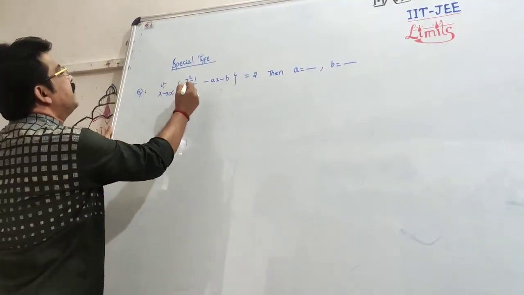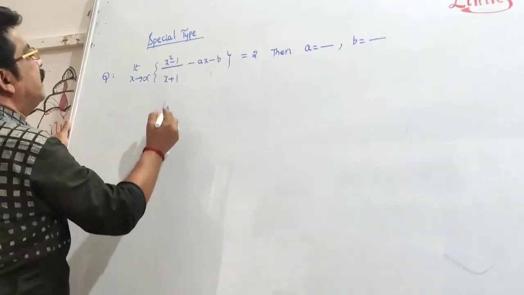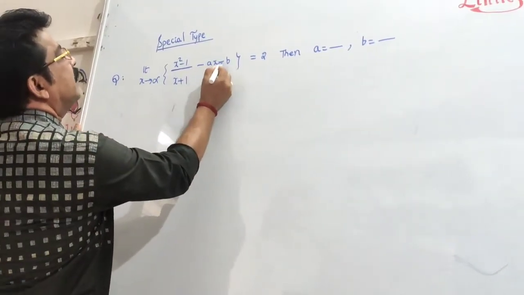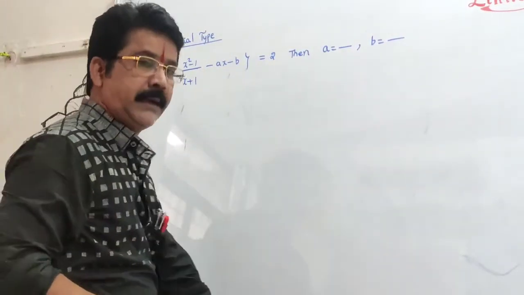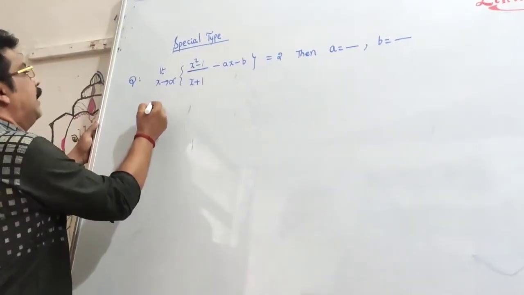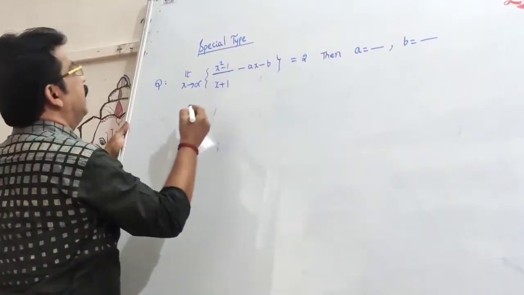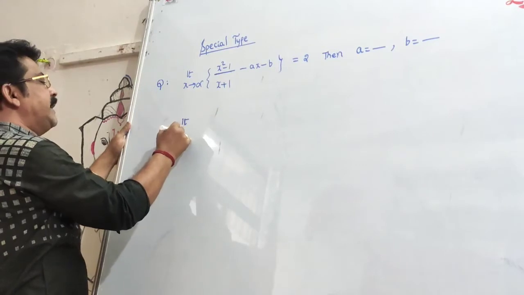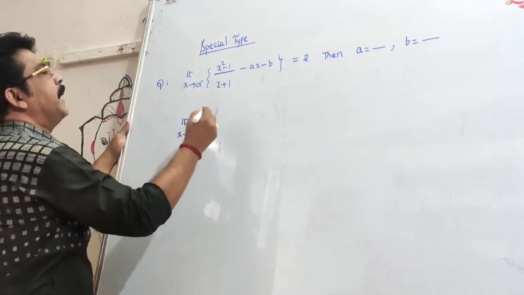Special type of questions. Limit x tends to infinity, x square minus 1 divided by x plus 1, minus ax minus b, is equal to 2. It is a finite number. So find the values of a, b. Here limit x tends to infinity.